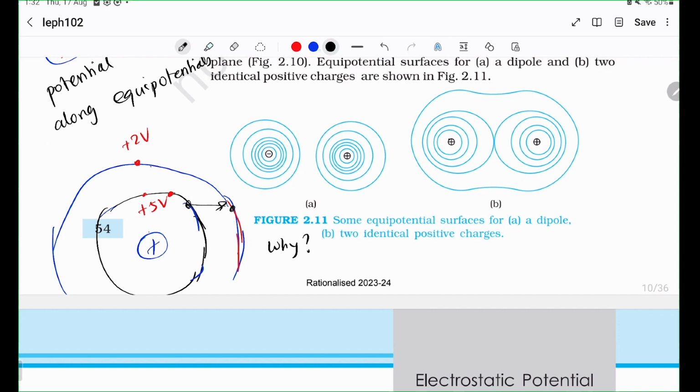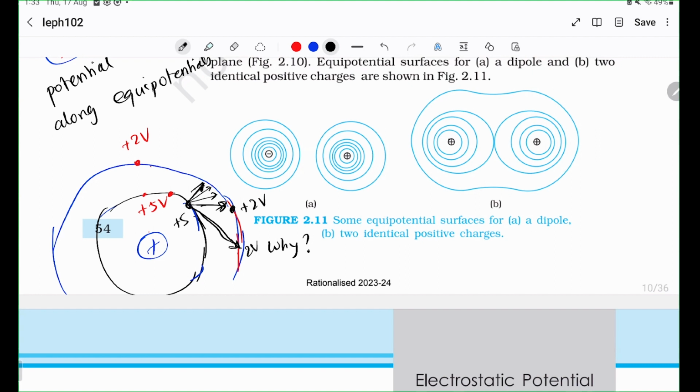That would also mean that you're decreasing 3 volts. From 5 volts, you're going to 2 volts. But this takes a long path. In fact, this takes a longer path, right? You're taking a long time to get from 5 volts to 2 volts. This is a shorter path. This is a shorter path. This is the shortest path. Directly perpendicular is the shortest path where you can go from 5 volts to 2 volts, right?